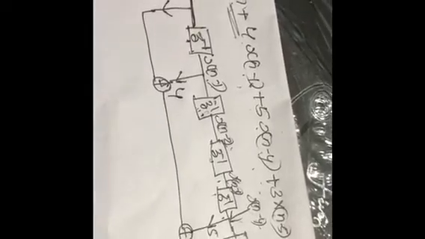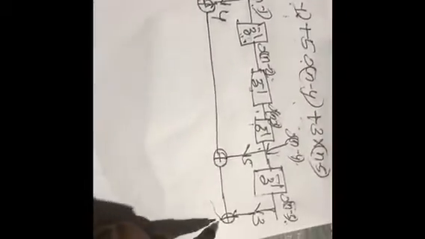Then the next one is x(n-5), that is also multiplied by a coefficient, that is 3, and is also added using an adder. And finally we got the exact sequence, that is y(n).